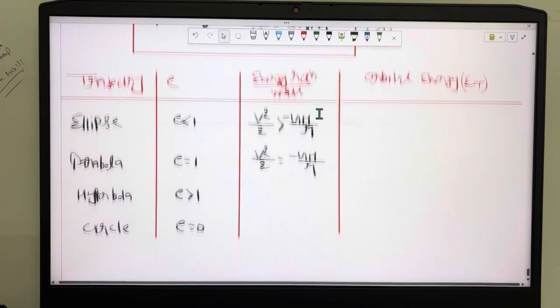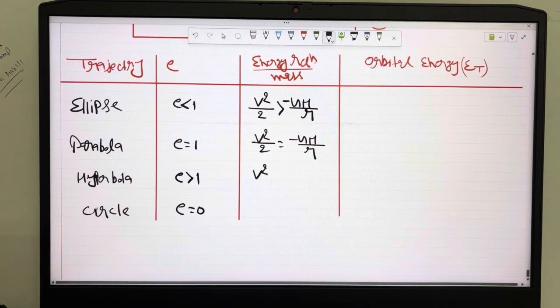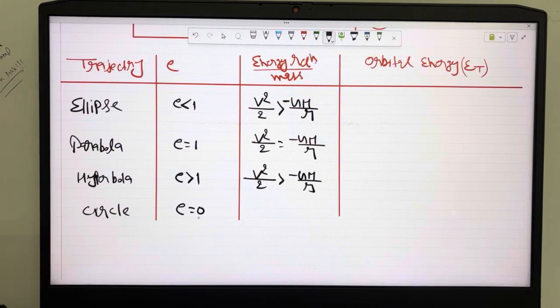And if it is greater, then v square by 2 is greater than minus GM by r. One more case is there, for e equal to 0. Sorry, for the ellipse, v square by 2 will be less than minus GM by r.